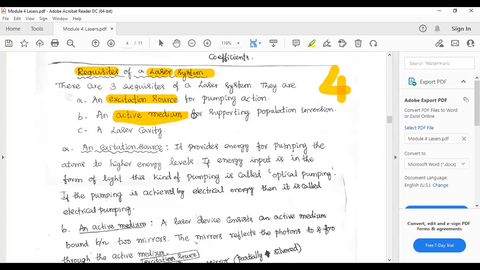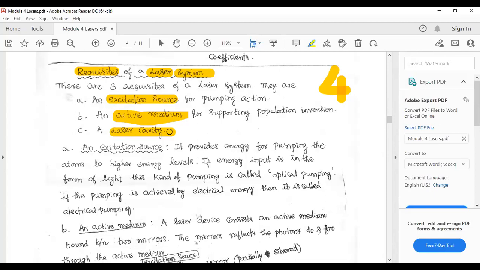And the last component of the laser is the laser cavity, or the envelope, or the vessel in which we fill the active medium and perform the action of laser emission. These are the three materials which are prerequisites for a laser system.